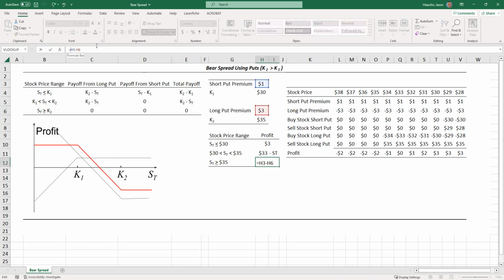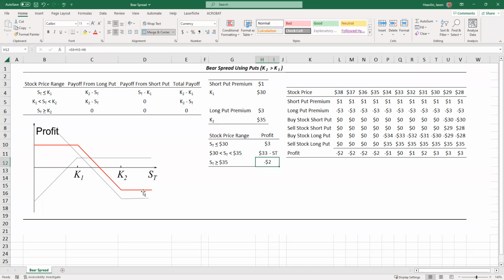So I guess I can add a 0 plus the dollar that came in from the short put that you sold, minus the $3 of the long put that you purchased. There you go, -2.